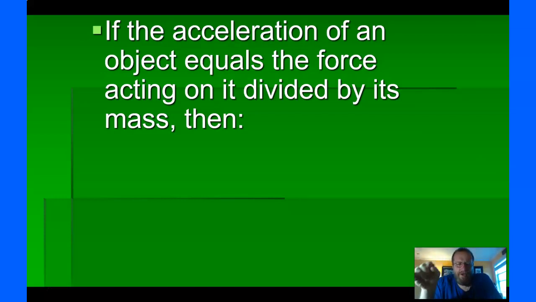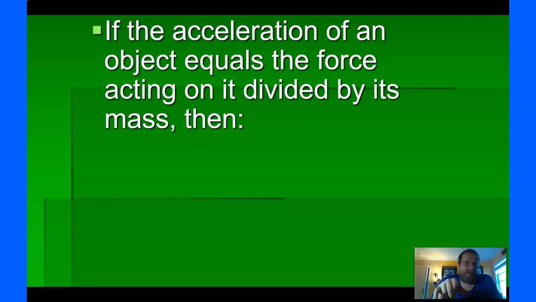So if the numerator of a fraction gets bigger, the value of the fraction gets bigger. Example, 3 over 1 is bigger than 2 over 1. 3 is bigger than 2. 5 over 1 is bigger than 4 over 1. 5 is bigger than 4. You get it? If the top part of the fraction gets bigger, the value of the fraction gets bigger.